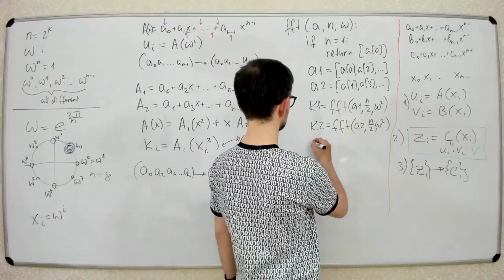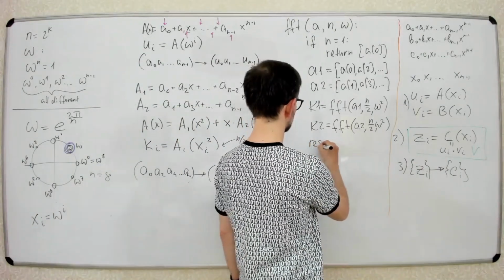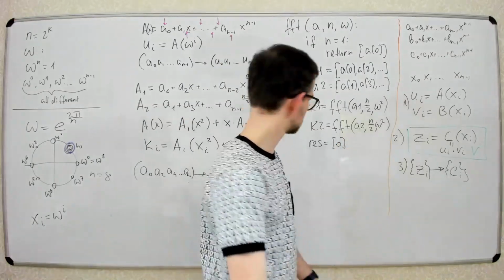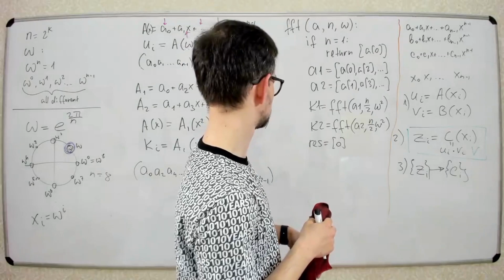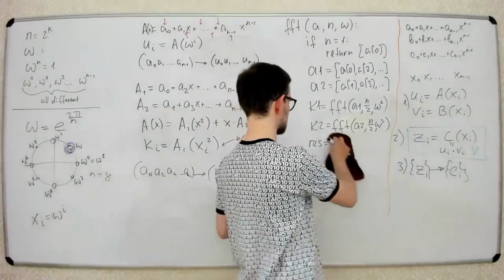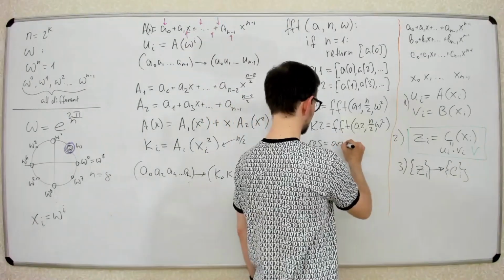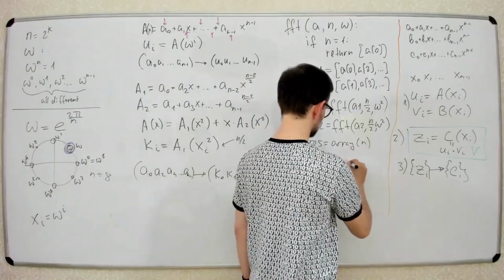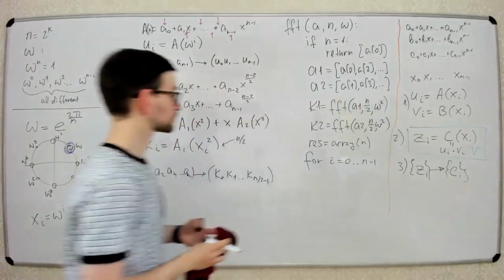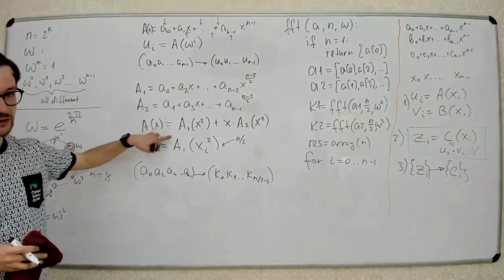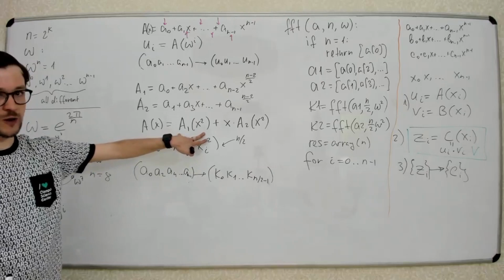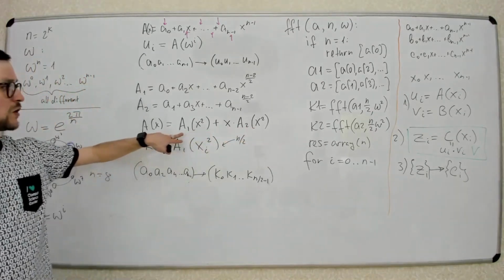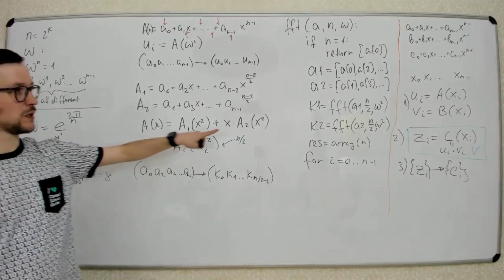Okay, so it's an array of size n. How to find the value of polynomial a? I need to take the value of polynomial a1 and the value of polynomial a2. The value of polynomial a1 is in array k1.